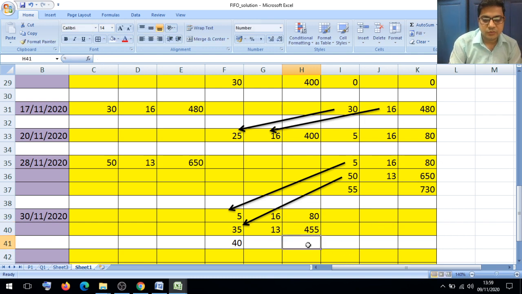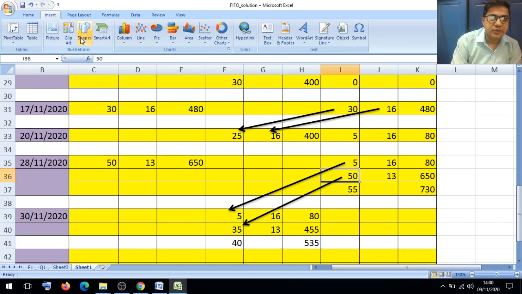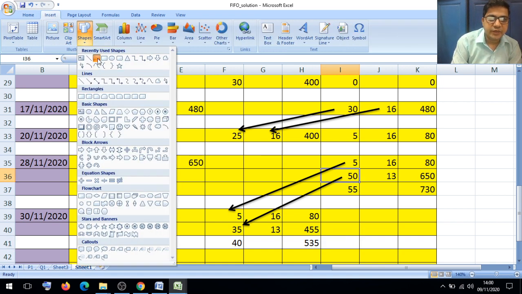Okay, so find out this total value of rupees sold, that is 535. Now friends, if you see that 5 units were sold, from this 50 units we sold 35 units.